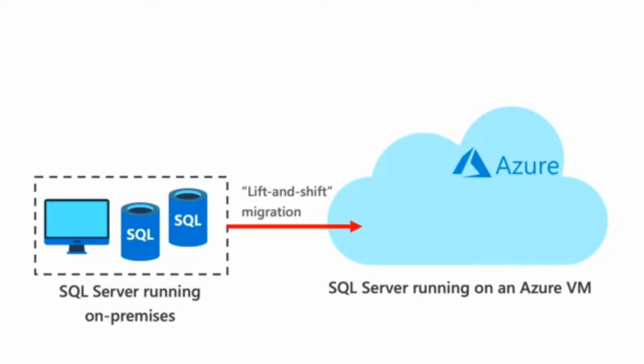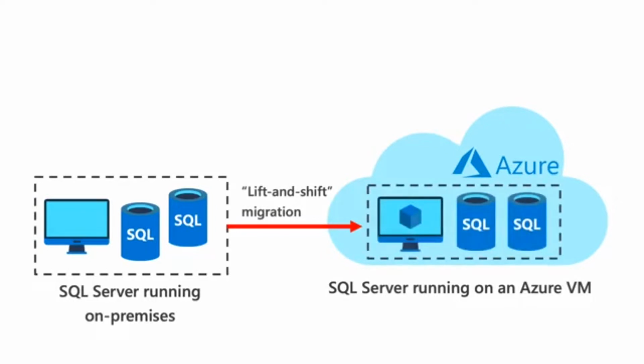However, you remain responsible for maintaining the SQL Server software and performing the various administrative tasks to keep the database running from day to day. This approach is suitable for migrations and applications requiring access to operating system features that might be unsupported at the PaaS level. SQL virtual machines are lift and shift ready for existing applications that require fast migration to the cloud with minimal changes.